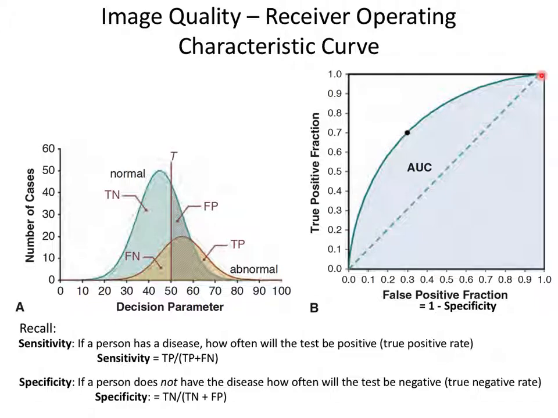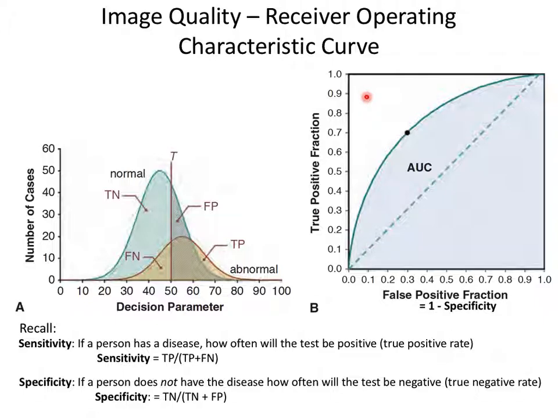In fact, we don't want to be anywhere. You can't really be below the line unless you really try. But if you flip a coin, you get anywhere on this line, right? So here, 50-50, is just flipping a coin. What we really want to be is over here. We'd like to be at 0.9 and say 0.1, where we get 90% of the true positive fraction is our call.